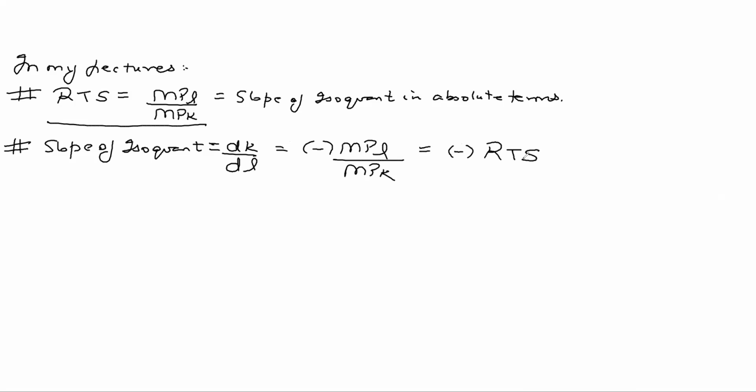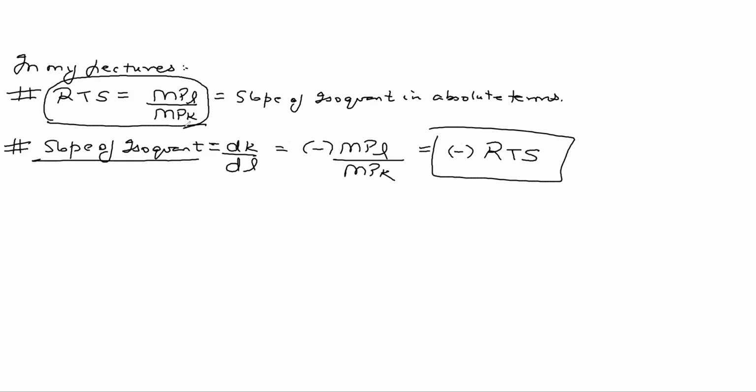So students need to understand, there's nothing to get confused about. If I talk about the slope of the isoquant, it is minus RTS, where RTS is MPL by MPK. This is all you need to understand.